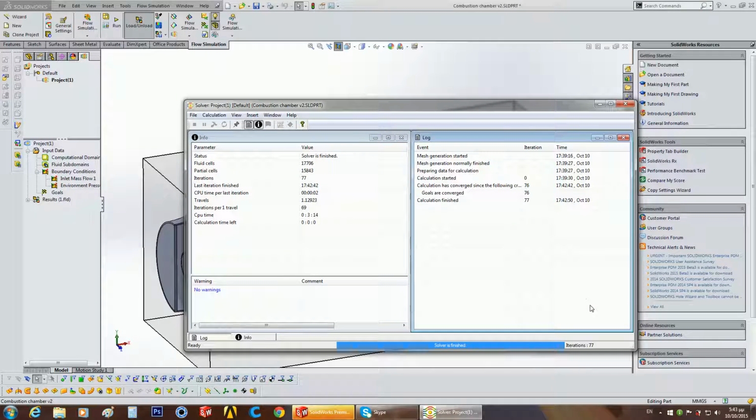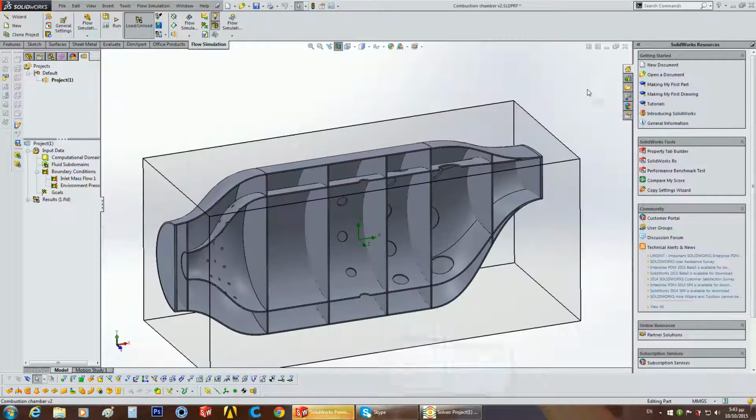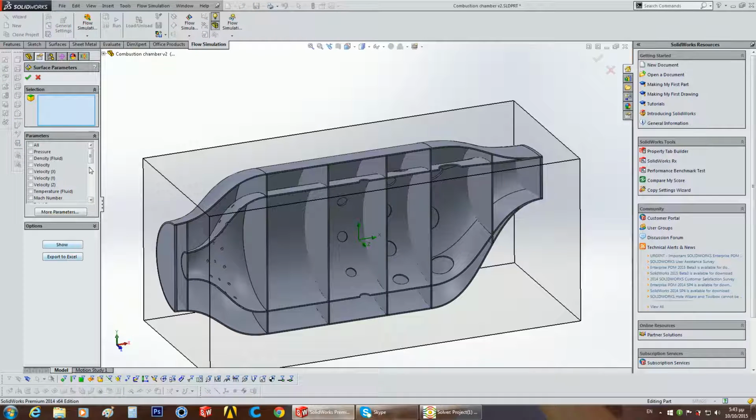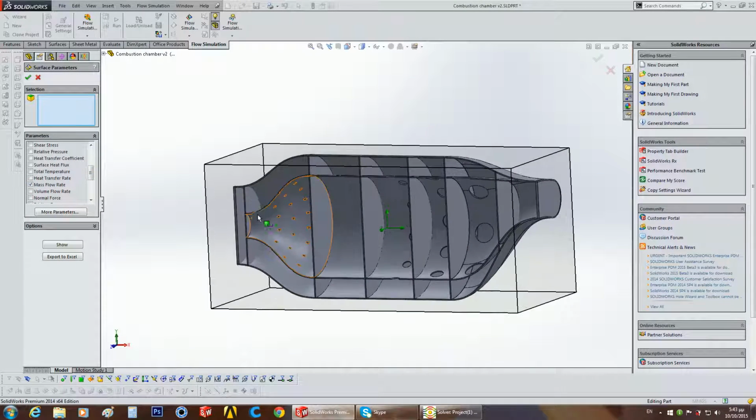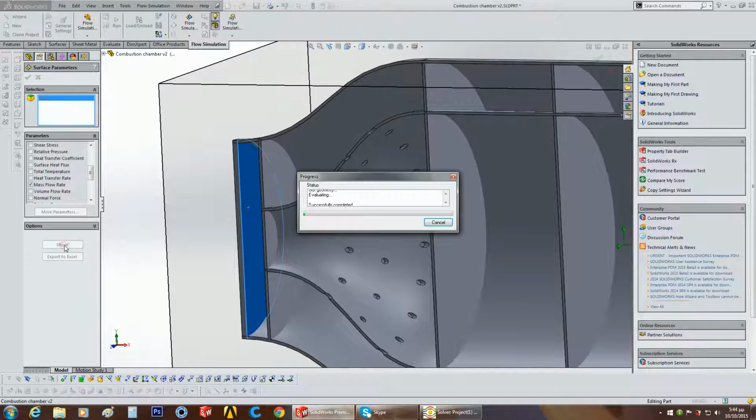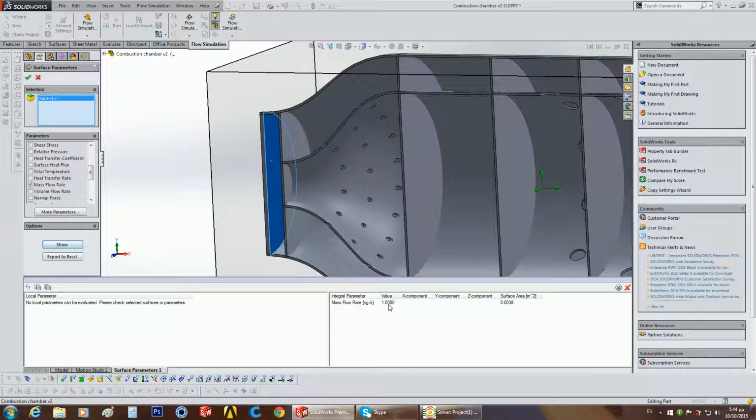So the calculation is over, and let's check what we've done. In the results tab, we go to surface parameters, insert, and then we look for mass flow rate. So in the inlet, we have 1 kilogram per second.